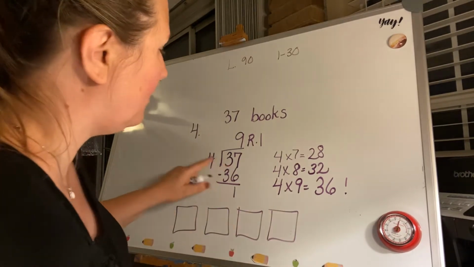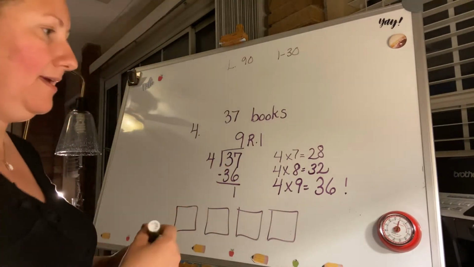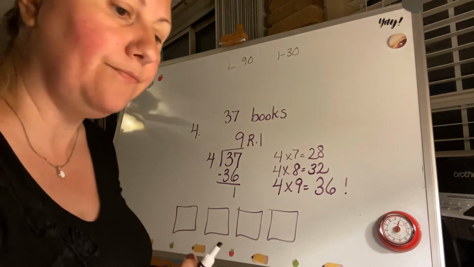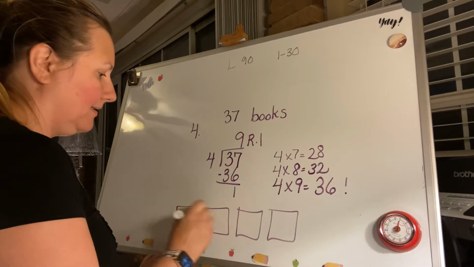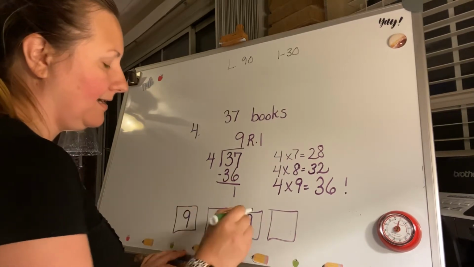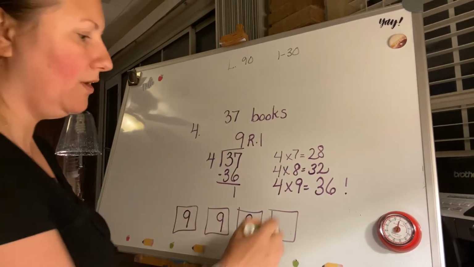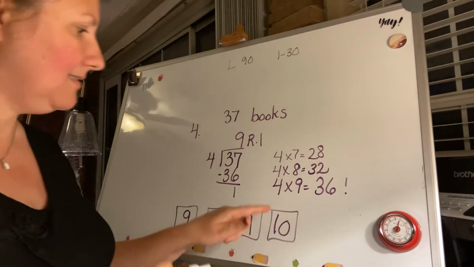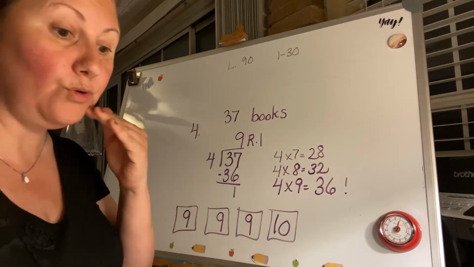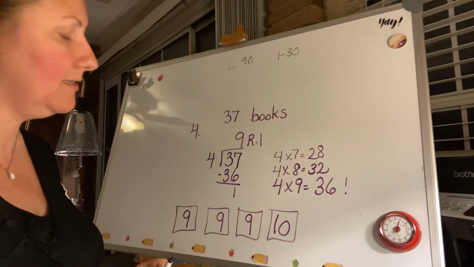So we divided that 37 into 4, and we know that these 3 will each have 9, 9, 9, but then there's one more, one extra. There's a remainder of 1. So that last stack will get 1 extra book, so 10 books.